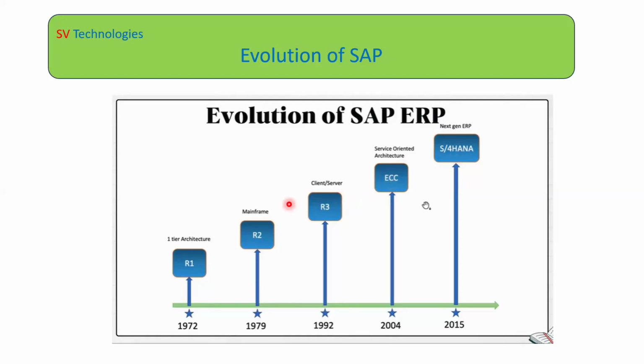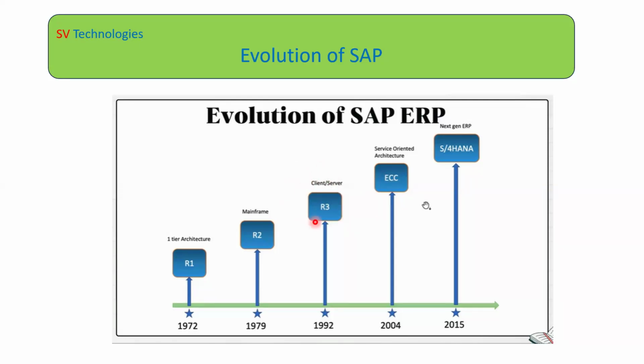Here you may ask one question: what are R1, R2, R3, ECC and S4 HANA? In SAP we have a client and server based environment. This is nothing but in SAP we have three different servers.